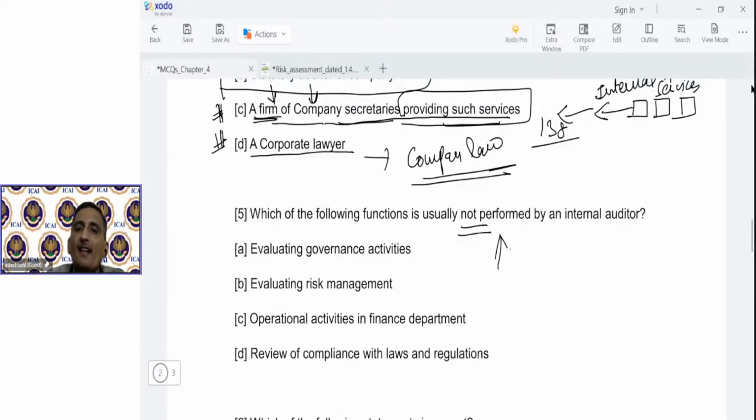Evaluating governance activities. We had read, students, that it was there in the definition of internal audit that he gives suggestions to improve the governance mechanism of the company. So how will he give suggestions to improve the governance mechanism if he has not evaluated it, if he has not assessed it? So obviously it is a function of the internal auditor.